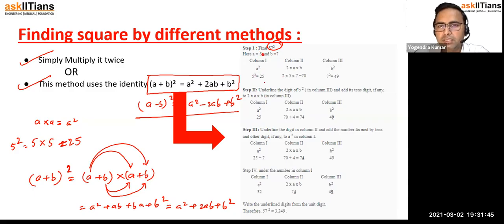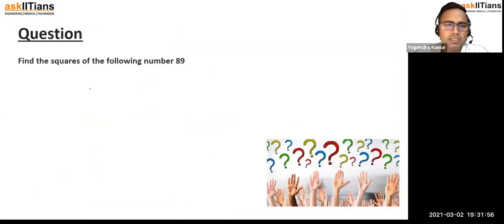So 5 square is 25, and 50 square will be 2500. We can learn this. Let me explain with an example.